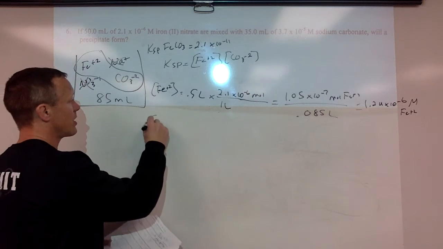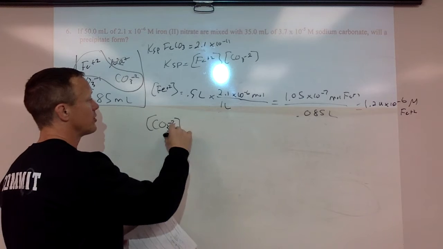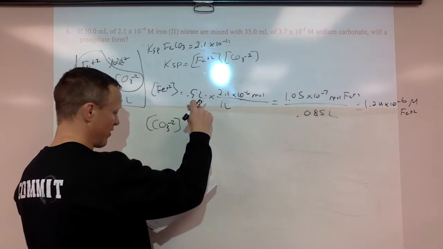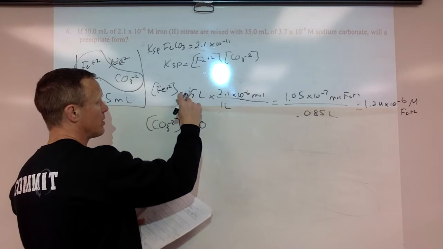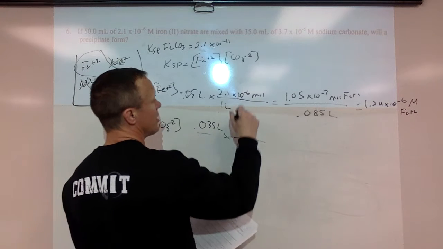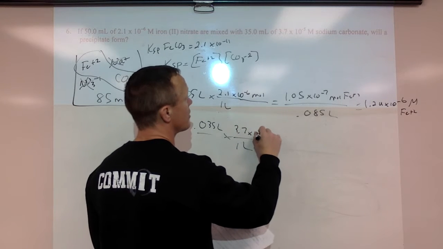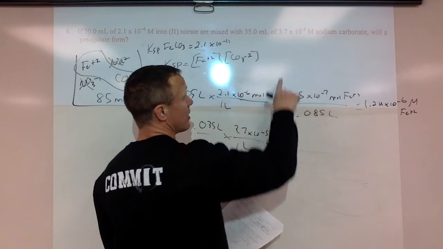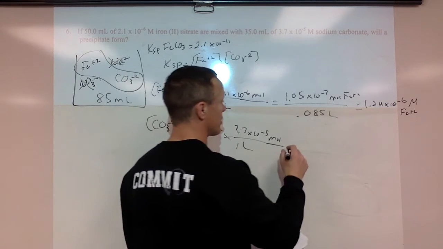Now get the concentration of carbonate ions. So again, get moles of them. We have 0.035 liters. Every liter contains 3.7 times 10 to the negative 5th moles. That's the molarity of it, and that is carbonate ions.